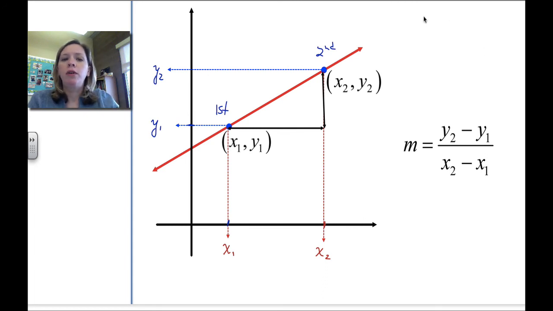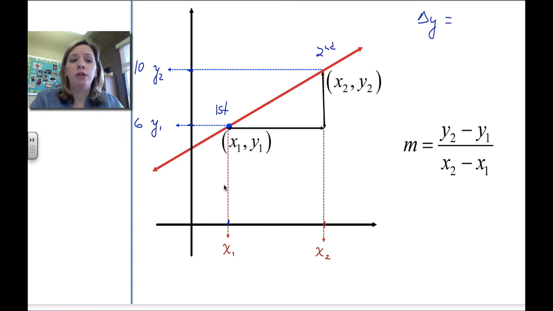So, if we wanted to find the change in the y values, how would we do that? In other words, we want to figure out what is the length of this little line right here. How much did my y values change? Now think about it for a second. If this point up here on the y-axis were like 10, and this point right here were like 6, how much did my y's change?